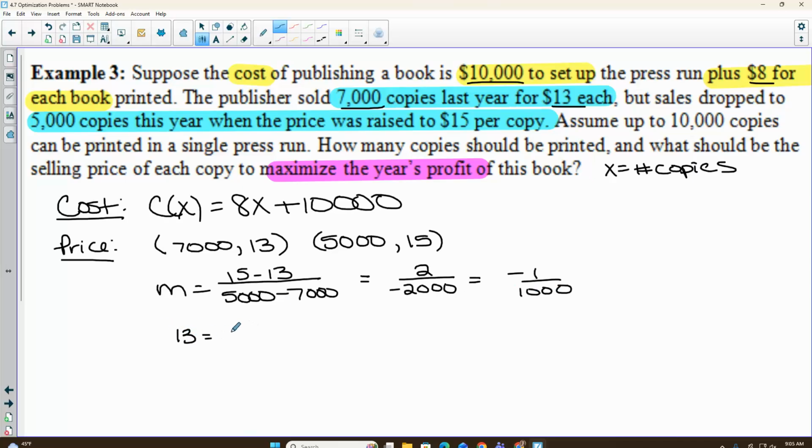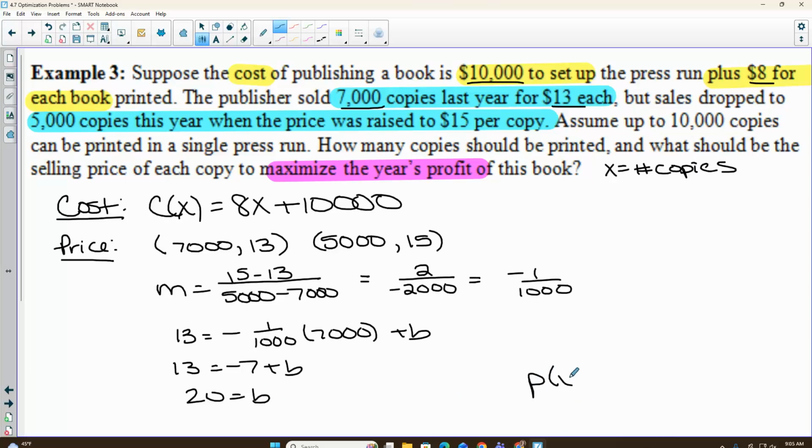So my y is 13, and negative 1 over 1,000 times x, which is 7,000, plus b. So my y-intercept is b. So my price, lowercase p, is negative 1 over 1,000x plus 20.